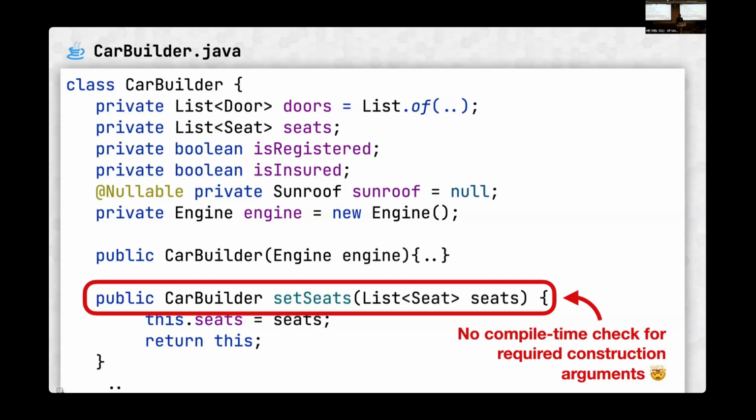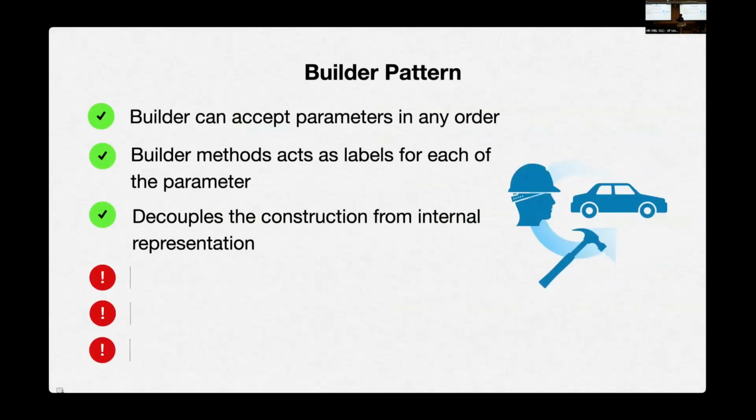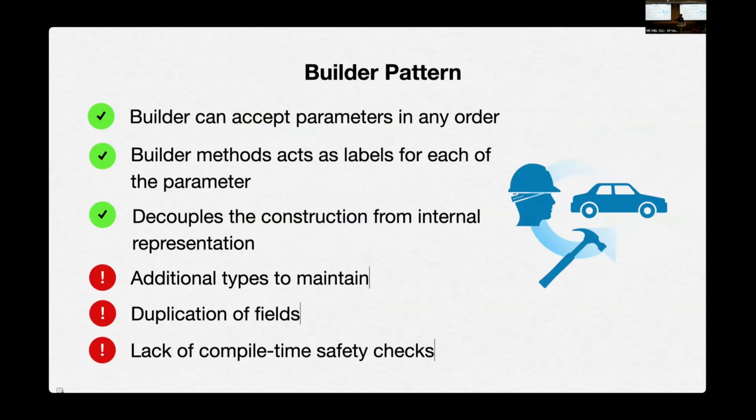On top of that, if the use site forgets to call one of these setter methods, and if it's one of the fields that you don't have a default for, it would just crash at compilation time. Sorry, it will crash at runtime, which is worse. So by solving the problems we had before, we've sort of introduced 3 more problems to deal with.